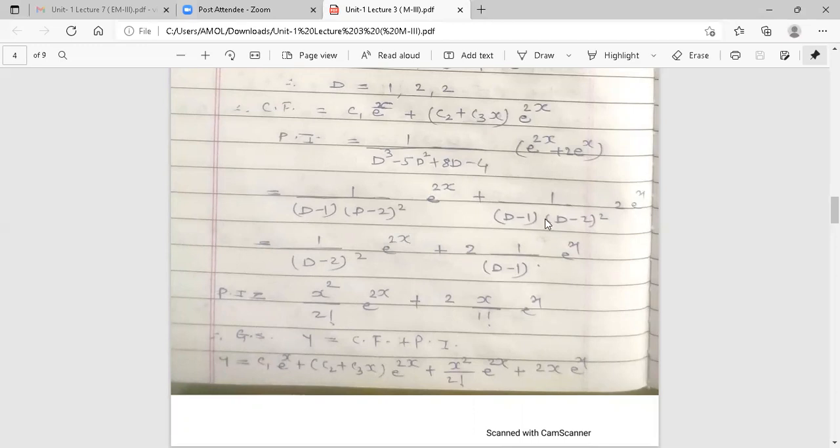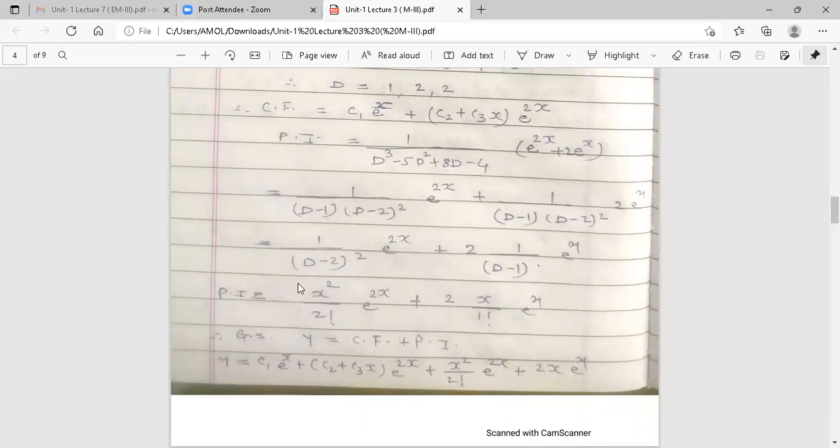So replace D by 1. 1 minus 1, 0. So it is the case of failure. So you solve for D minus 2 first. If we solve for D minus 2 first, the coefficient of the exponential function is 1. So 1 minus 2 is minus 1. Minus 1 square is 1. So this is the next term, 2 upon D minus 1 into e raised to x.